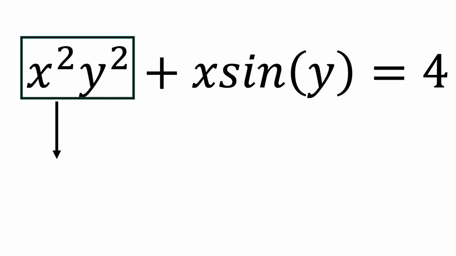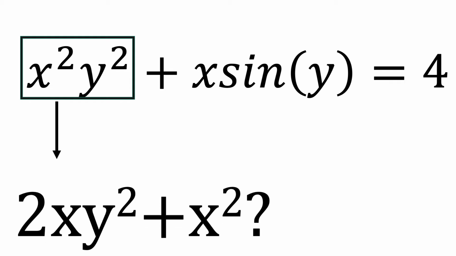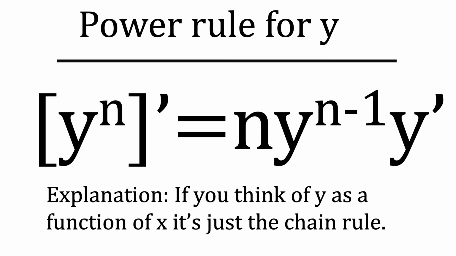Good job. So let's see if we got the right answer for the product rule. We did! 2x times y squared plus x squared times whatever the derivative of y squared is. Great job, everyone! So here's the power rule for y instead of x. The derivative of y to the n equals n y to the n minus 1 times y prime.